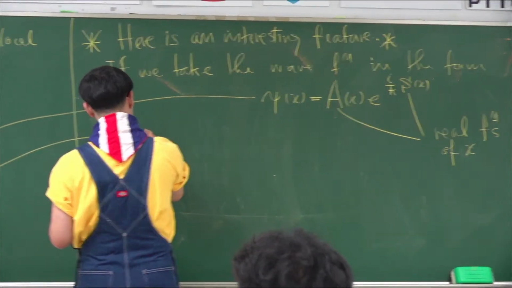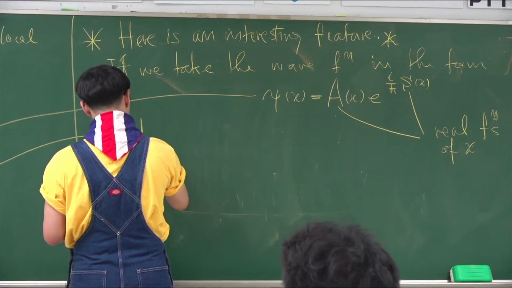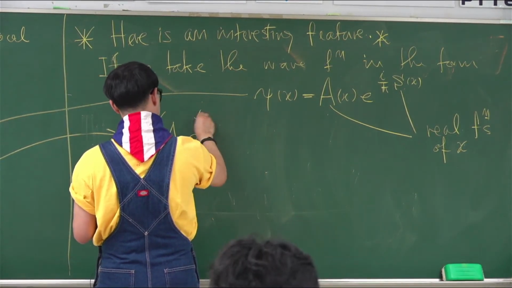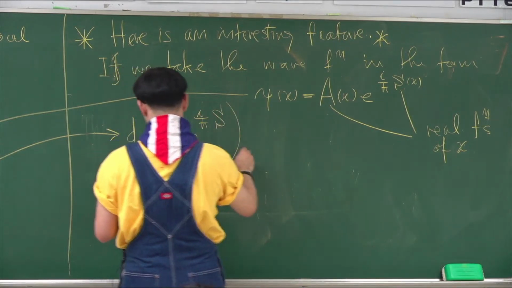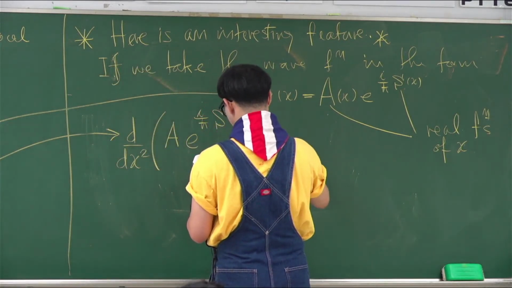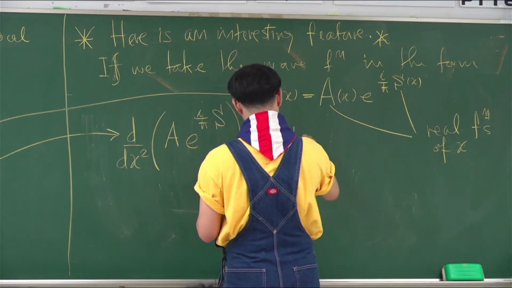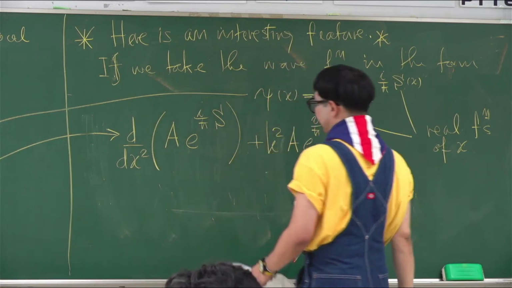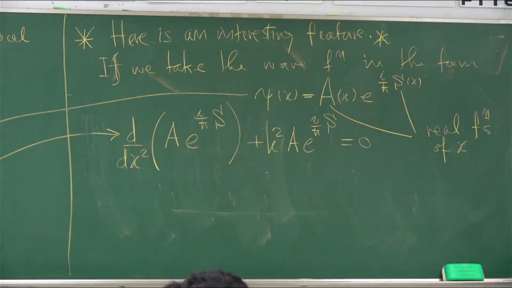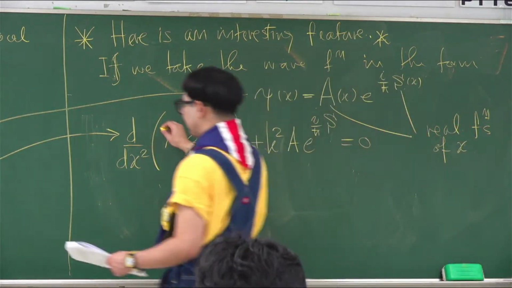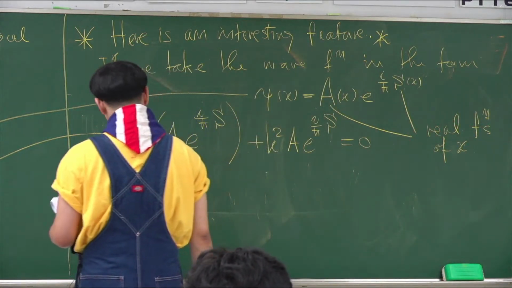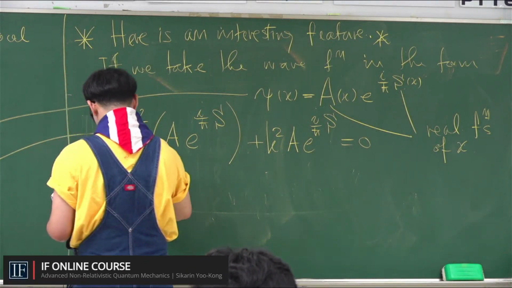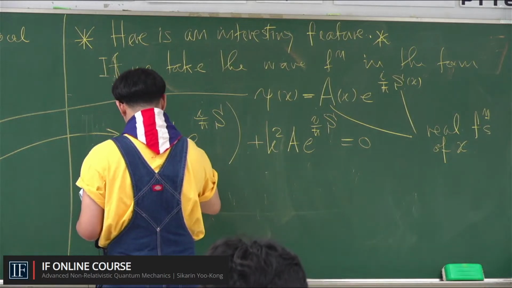So what you get is this A, right? You will get this one. And then you do this kind of derivative. So you do the first derivative, you will get A prime.